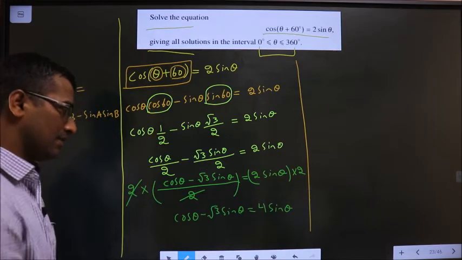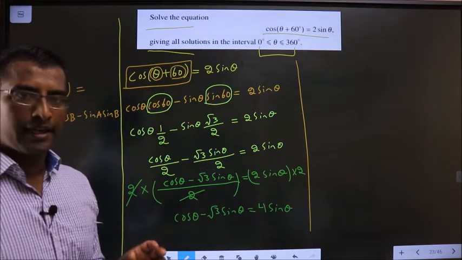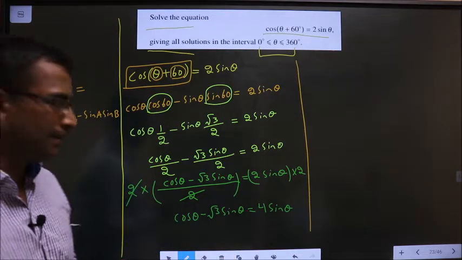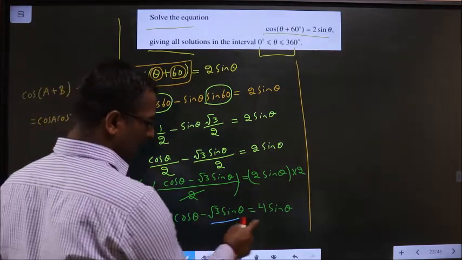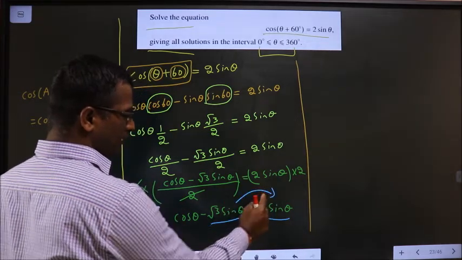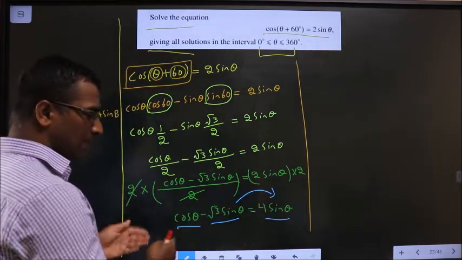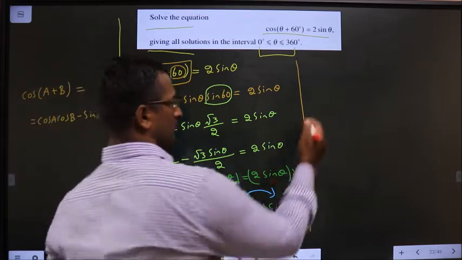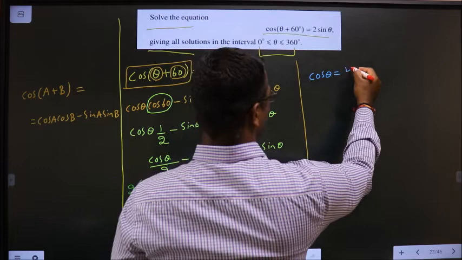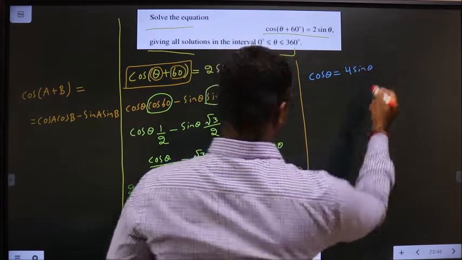Clear? Next, now take all the sine on one side and cos on one side. What I mean is, this sine and this sine should be on one side. For that I will shift this to this side. The cos will remain on the same side. So cos theta equal to 4 sin theta.